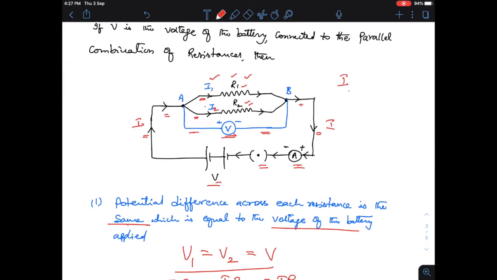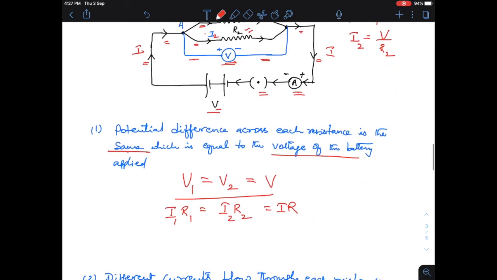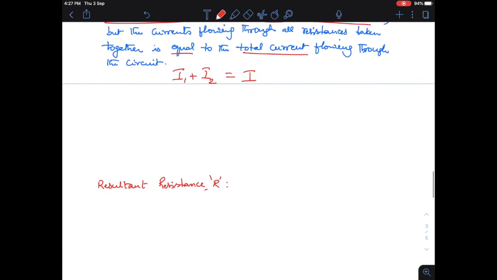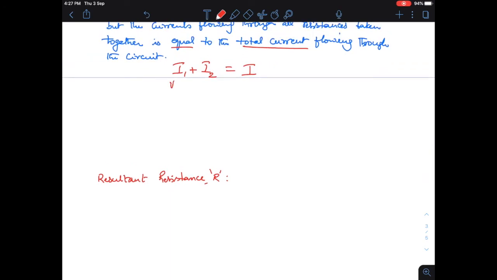I1 will be equal to V by R1. Similarly, I2 is equal to V by R2, because the potential difference is the same.